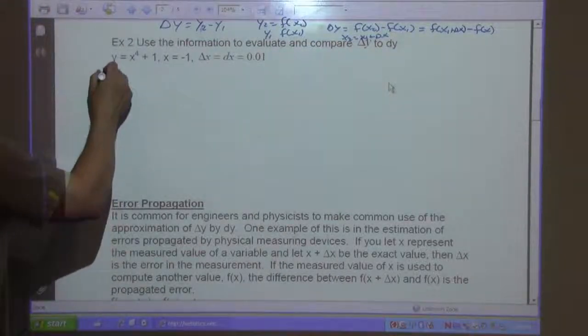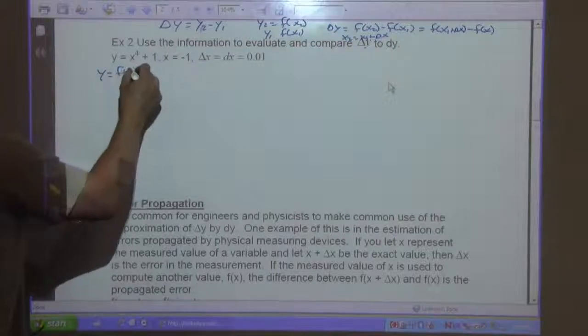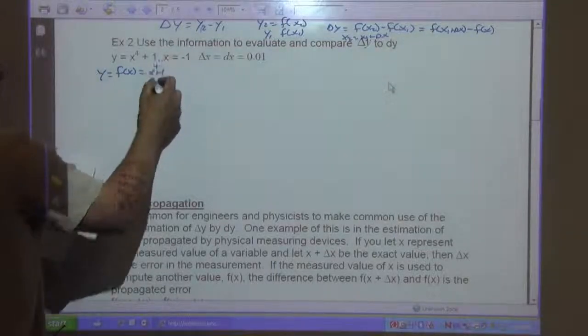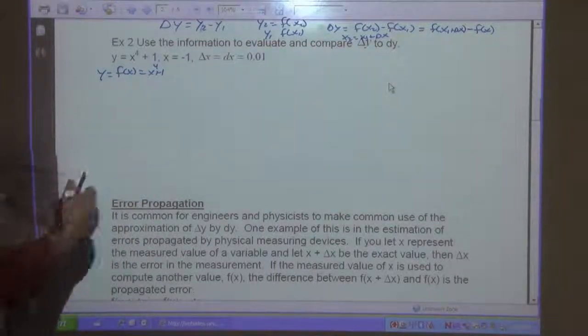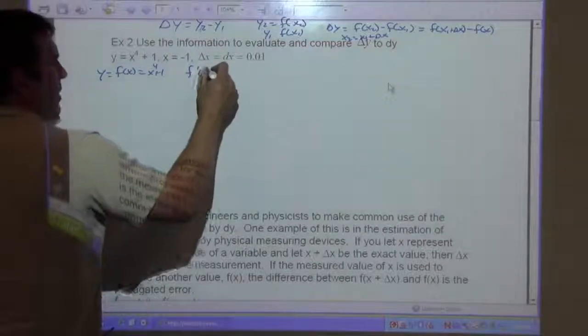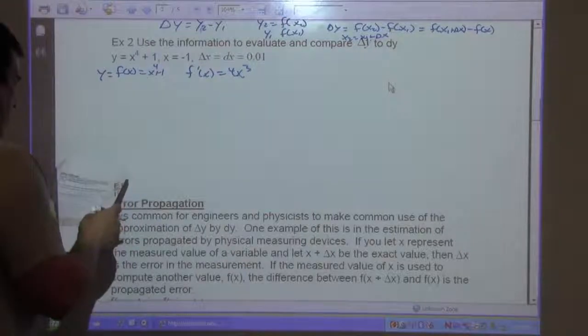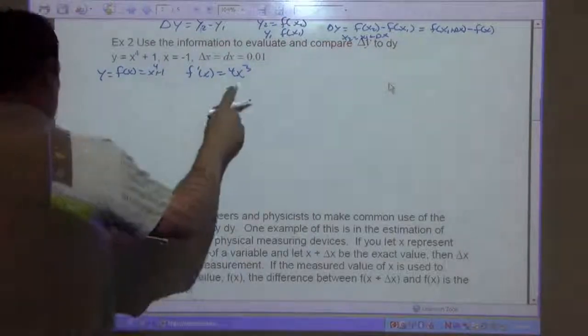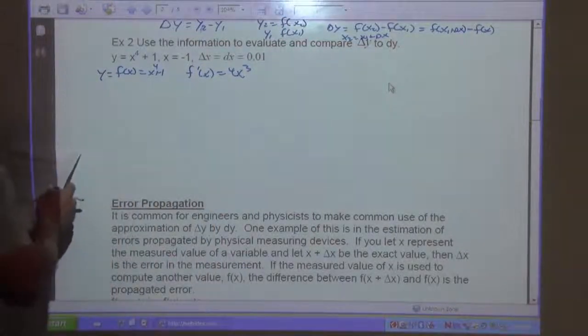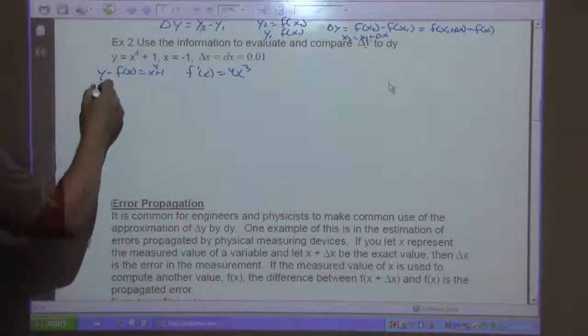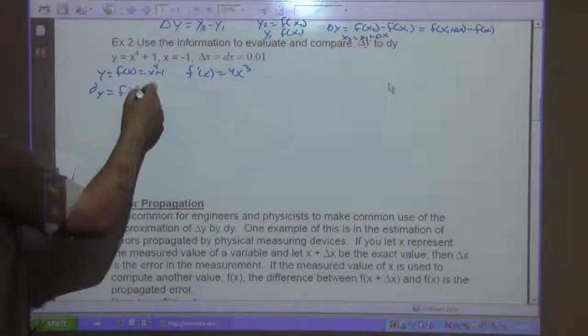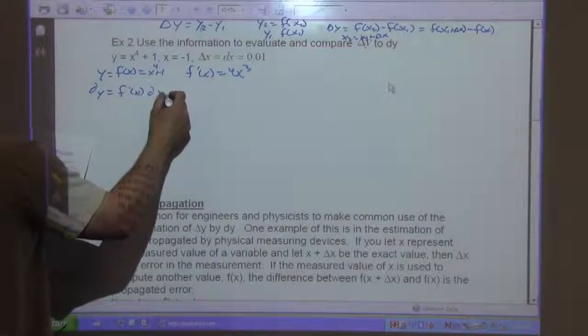So here our y equals f of x, which is x to the fourth plus 1. f prime of x is 4x cubed. So we need that for our dy, because dy is f prime of x dx.